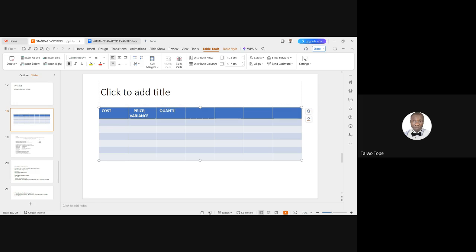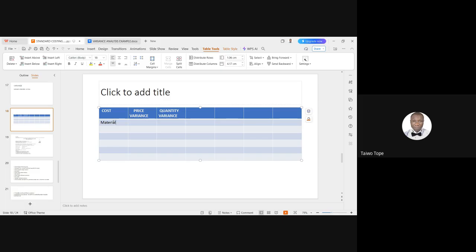Quantity variance. Price variance, quantity variance. Now, when we talk about cost, one of the elements of cost you mentioned just now is material, right? Material.